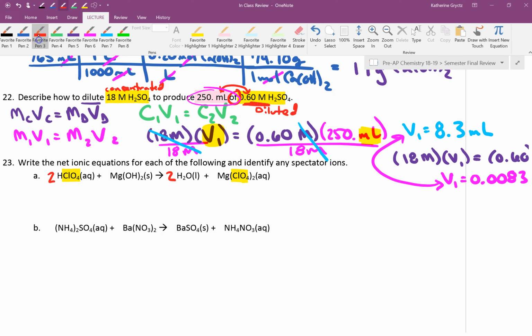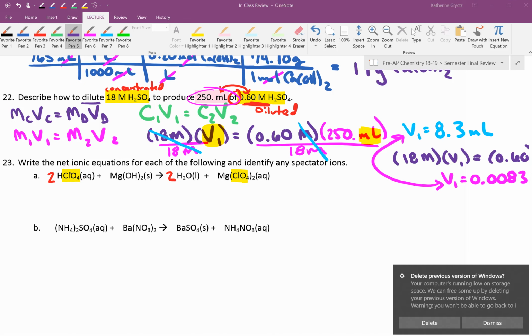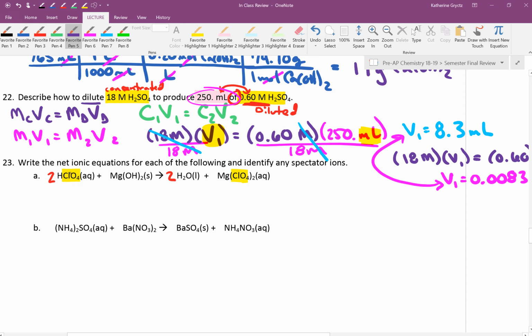So now we rip apart anything that is AQ, and remember, a coefficient goes with both things involved. The other thing is, if it's a subscript for only one of them, like over here, that's only going to go with the OH.